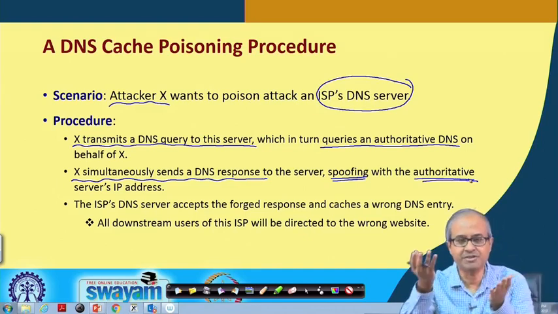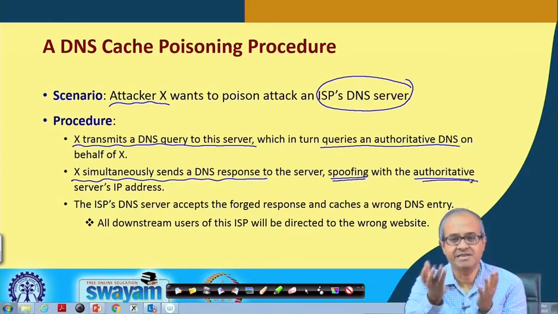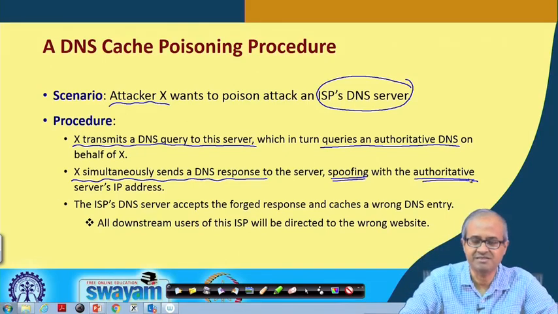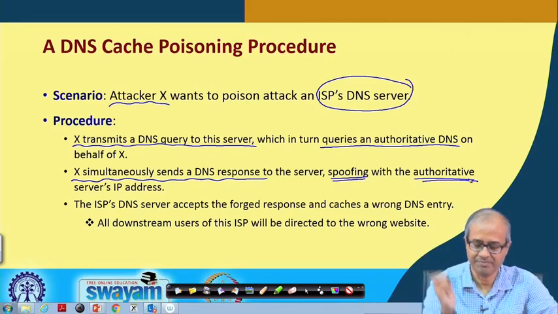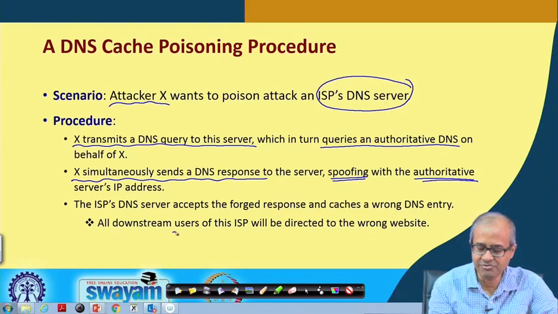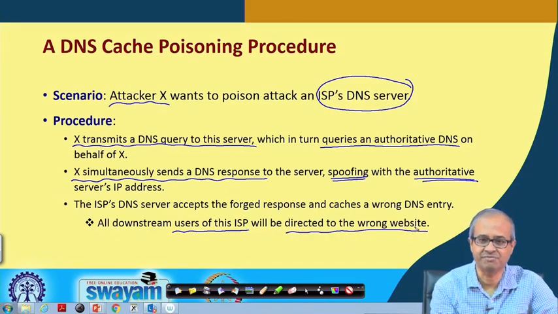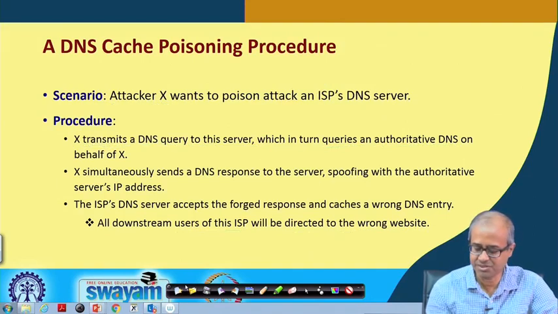So, when the fake response goes to the ISP's DNS server, the DNS server believes that it is the correct response and puts it in the cache, but it is a wrong IP address. Subsequently, all users who are using that particular website or that particular domain name will be redirected to this wrong IP address, wrong website. This is what is meant by DNS cache poisoning, and this can be done using this mechanism.